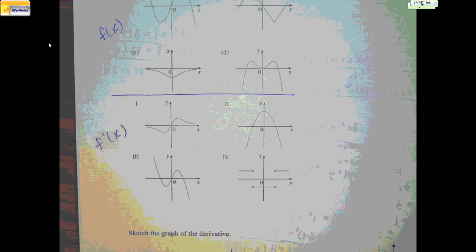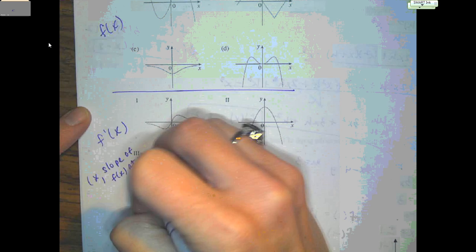Now the graph of a derivative, where they're getting their points is the x value, comma, the y value is the slope of f of x at x. So the slope is the y value.